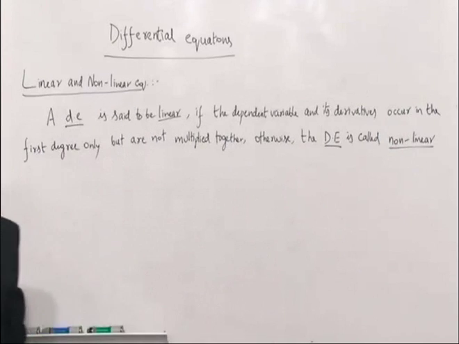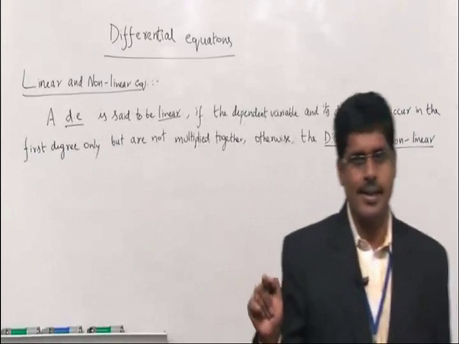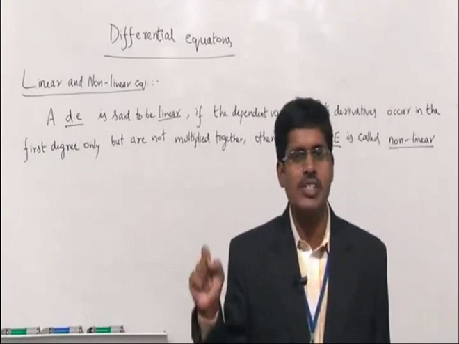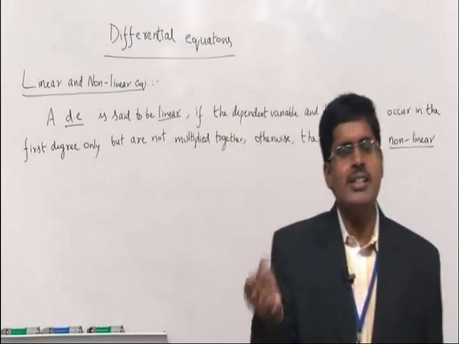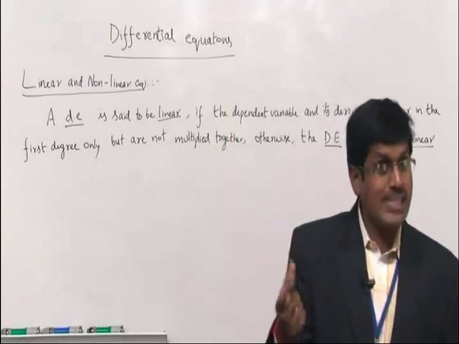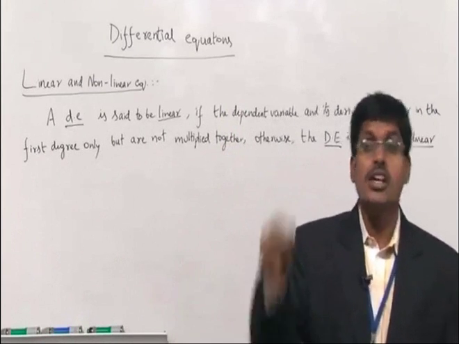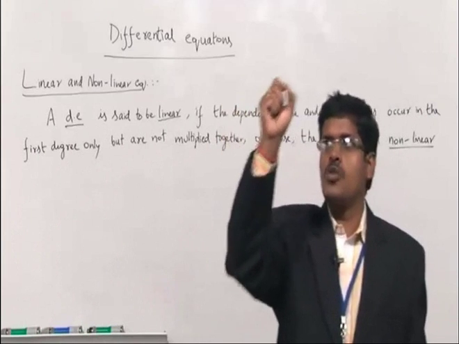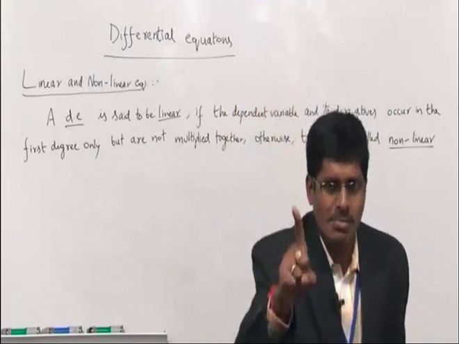We are habituated to the derivatives dy by dx, d square y by dx square, and so on. Other representation: y dash, y double dash, prime notation, that is dash notation. Third notation, suffix notation, y1, y2, and so on. Fourth notation, f dash x, f double dash x, etc. Fifth notation, dot. If there is a dot above the variable, that is one time differentiation.